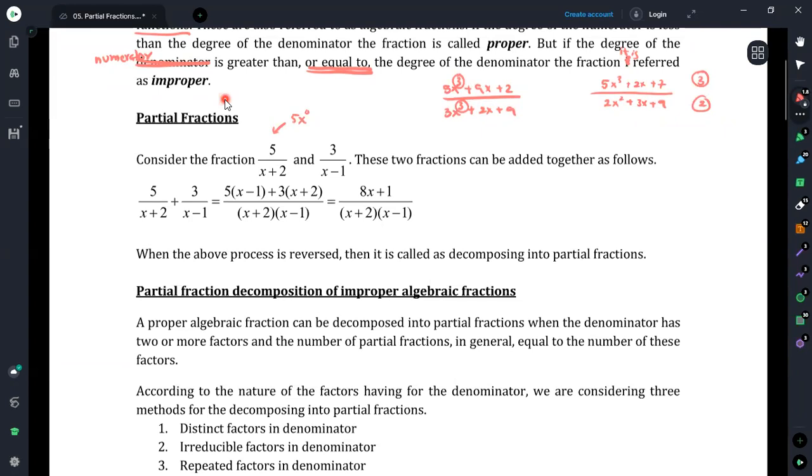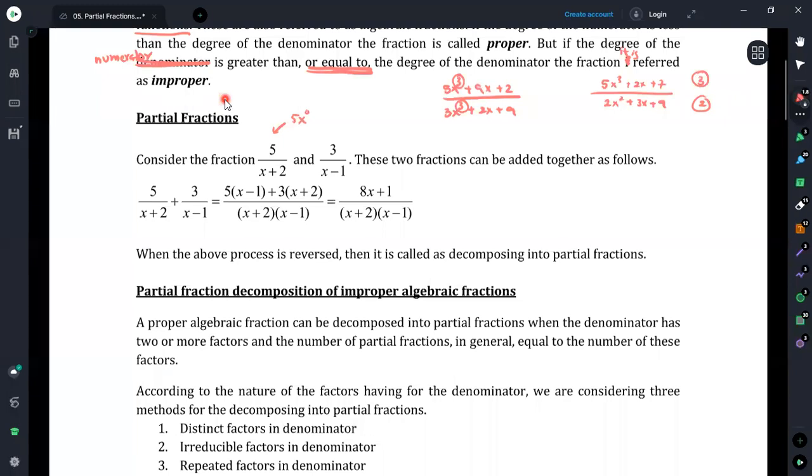Suppose we add these two fractions: 5 over x plus 2 plus 3 over x minus 1. We get the common denominator x plus 2 times x minus 1. Considering it as the common denominator, we get 5 times x minus 1 plus 3 times x plus 2.